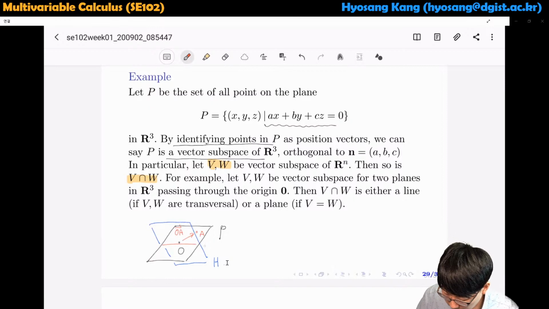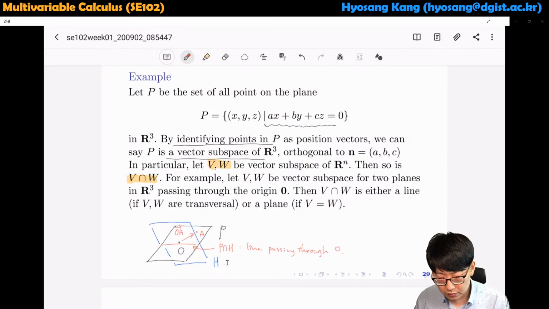So this is P intersection H. This is the line passing through 0.